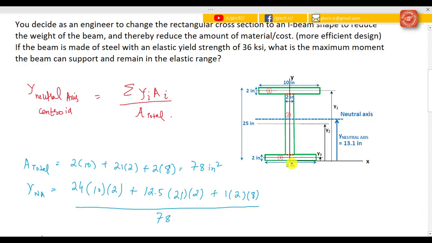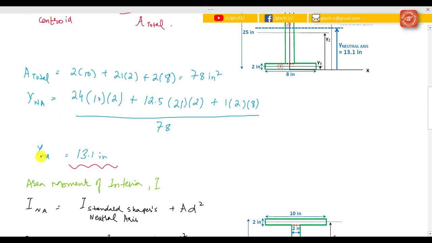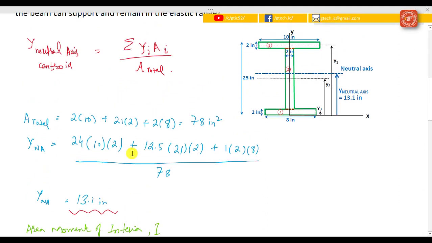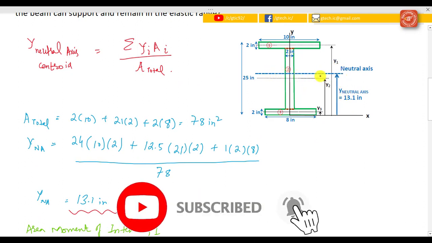Similarly do the same thing for this lower rectangle, that is 1 for the y3, and the area is 2 times 8. Divide this by the total area, that is 78, and the neutral axis would be 13.1 inches. That is indicated here, this blue dash line.